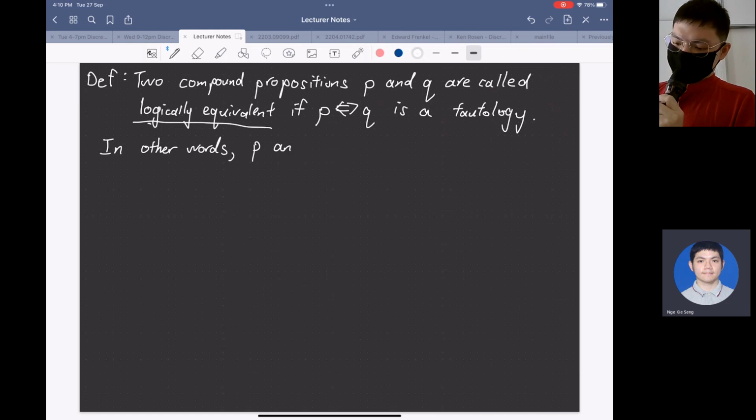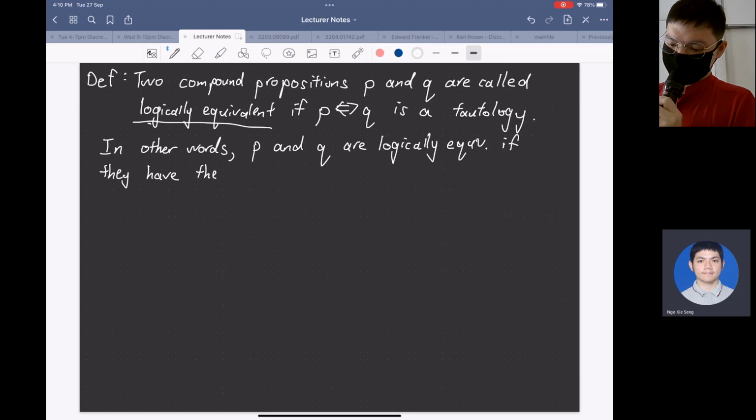P and Q are logically equivalent if they have the same truth values in all possible cases. Okay.